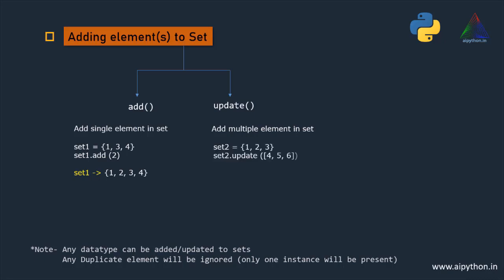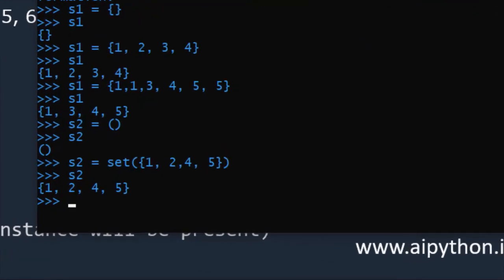Similarly for the update method, if you have a set, let's say set2, which is holding 1, 2, 3, and you want to update the set with 4, 5, 6, a bunch of elements, then you can use the update function to add more elements at a time to the set.